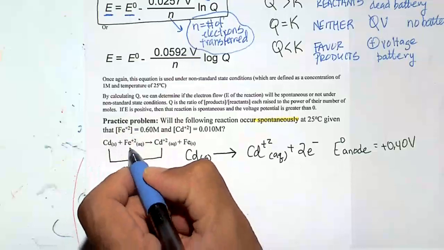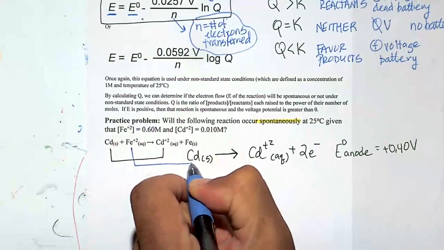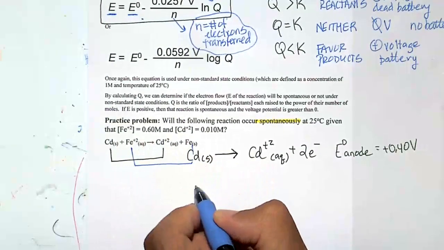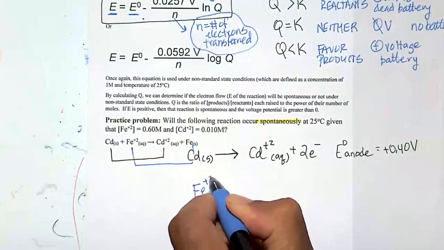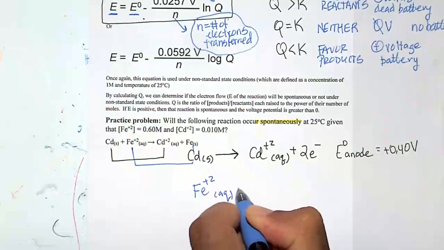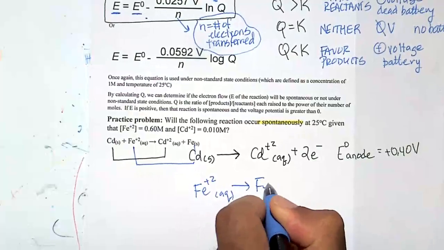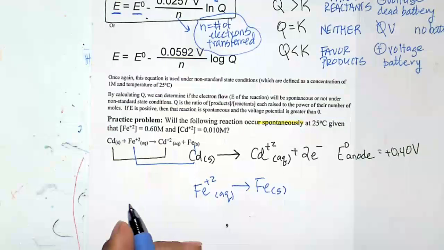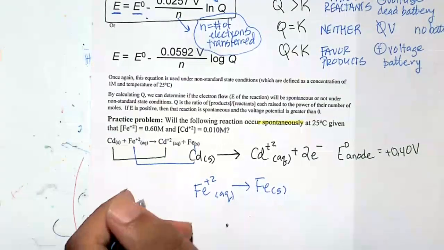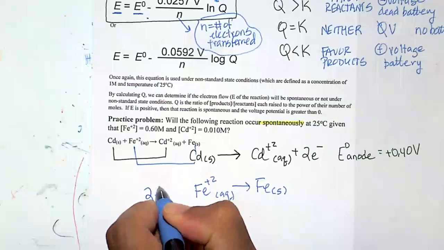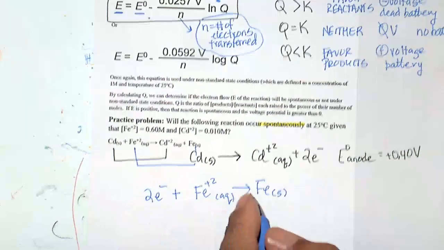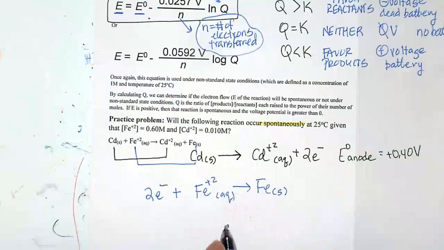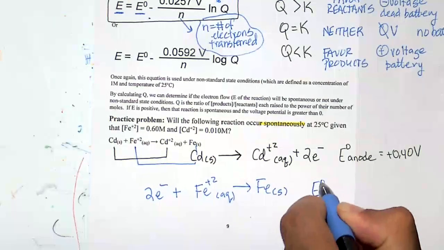All right, so now in blue, we'll do Fe plus 2 goes to Fe solid. Let's go ahead and do that quickly. Fe plus 2 aqueous goes to Fe solid. How many electrons and where should it go? Do you guys see 2 electrons on the reactant side? We'll balance this out. Is this the anode or the cathode?